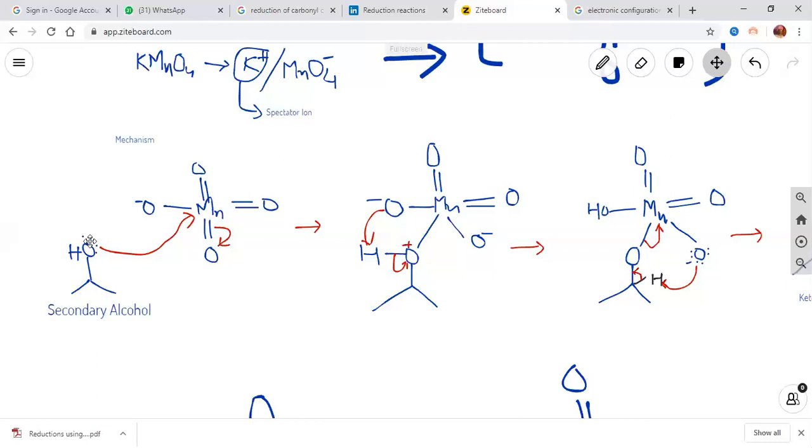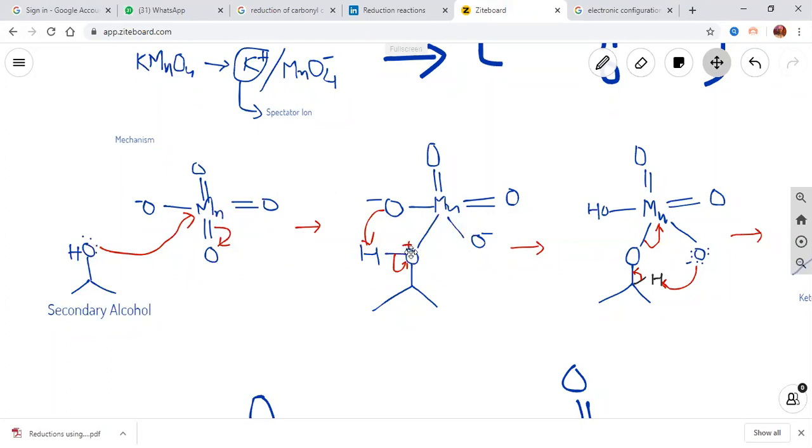So this oxygen from the alcohol can easily attack the manganese atom, and it bonds with the manganese. You can see here, and it gets a positive charge.